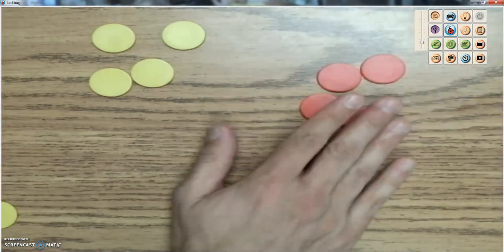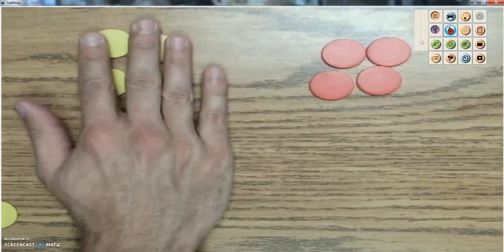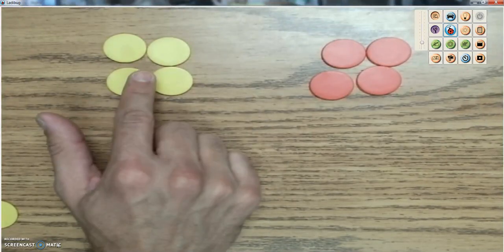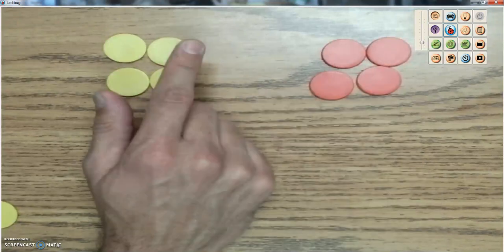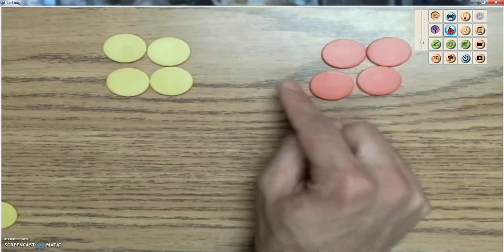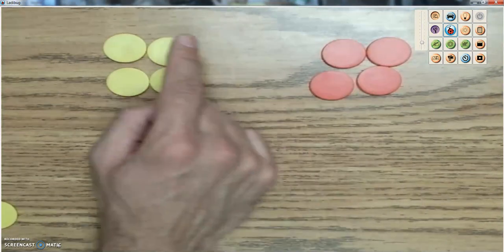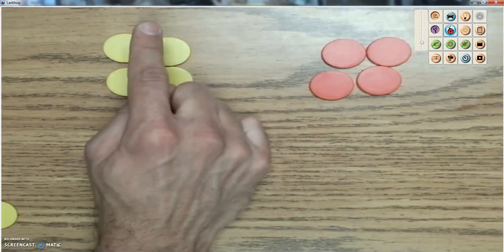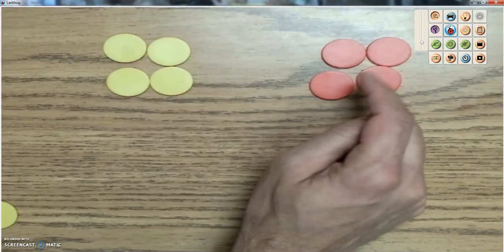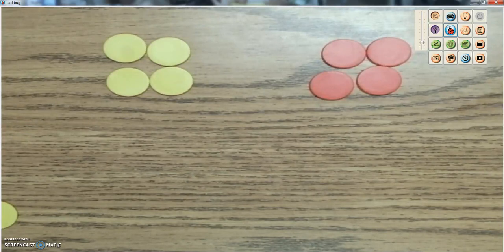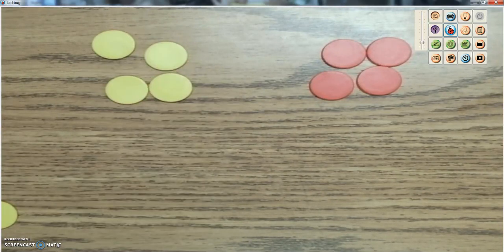This could represent 4 degrees above 0, 4 degrees below 0, or 4 moves forward, 4 moves backwards, or 400 feet above sea level, 400 feet below sea level. So that's a third way you'll often see positive and negative numbers represented.